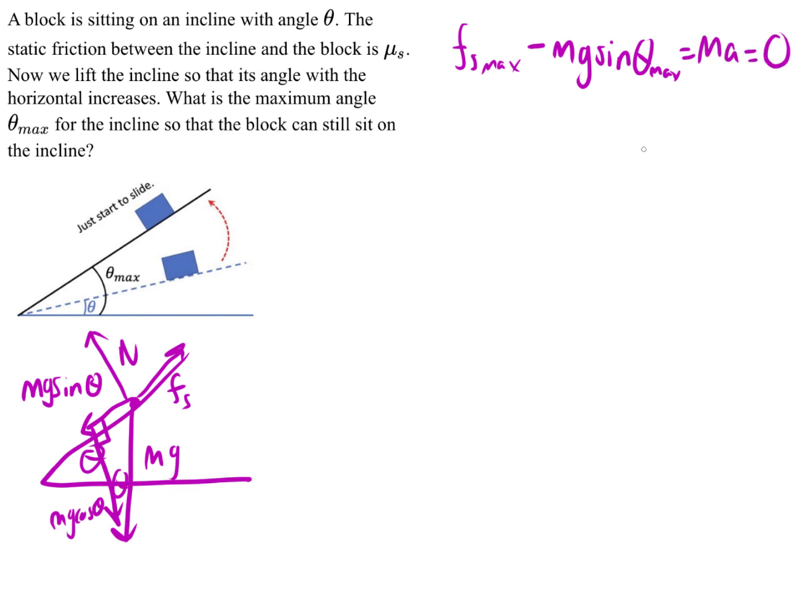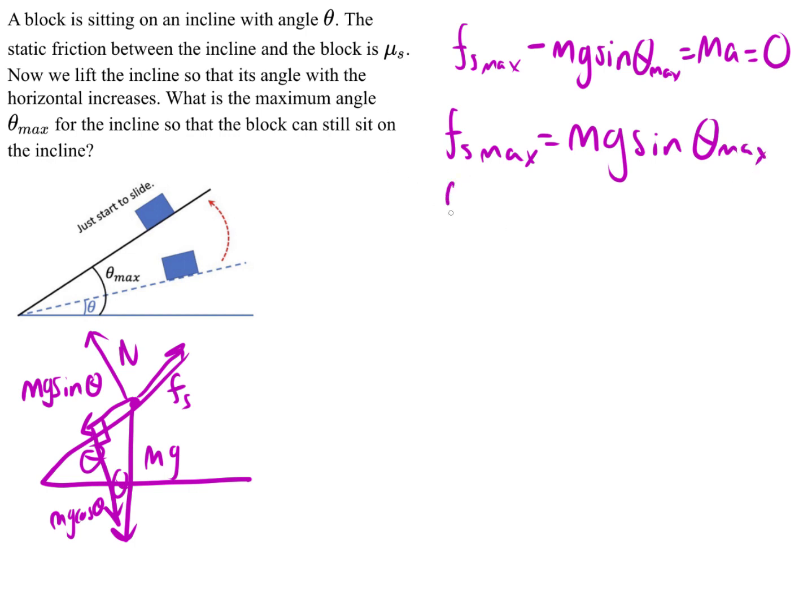The whole right side is 0 because there's no acceleration as the block is still sitting on the incline and you don't want it to slip. So the maximum static friction is equal to mg times the sine of the maximum possible angle.